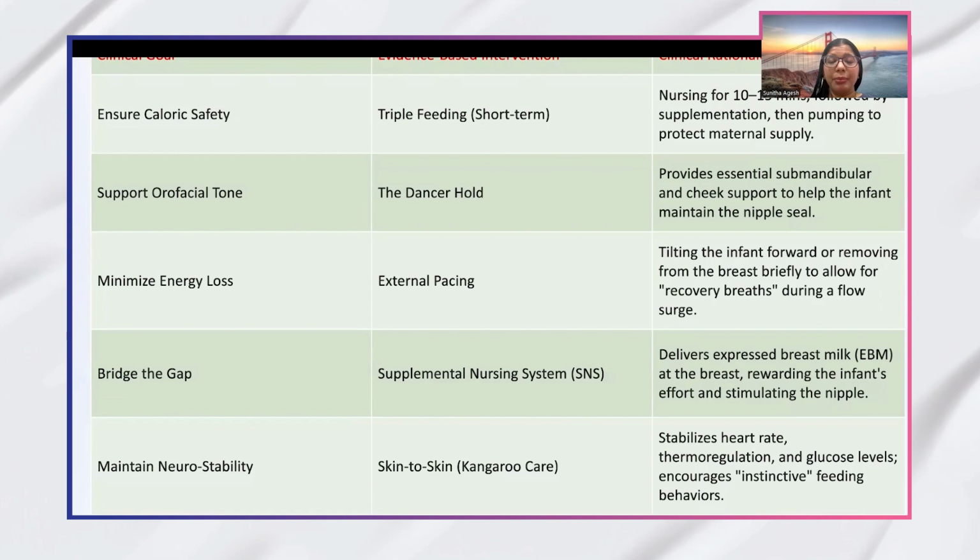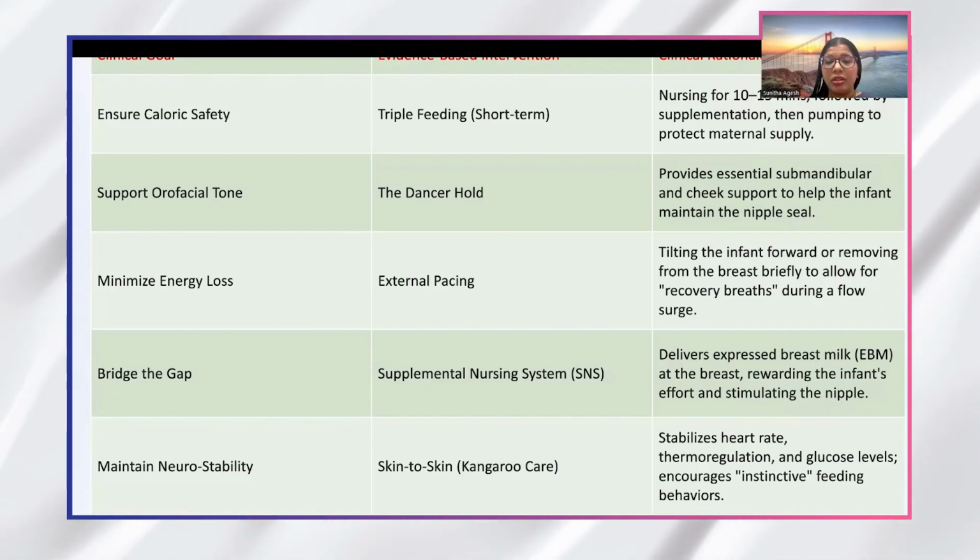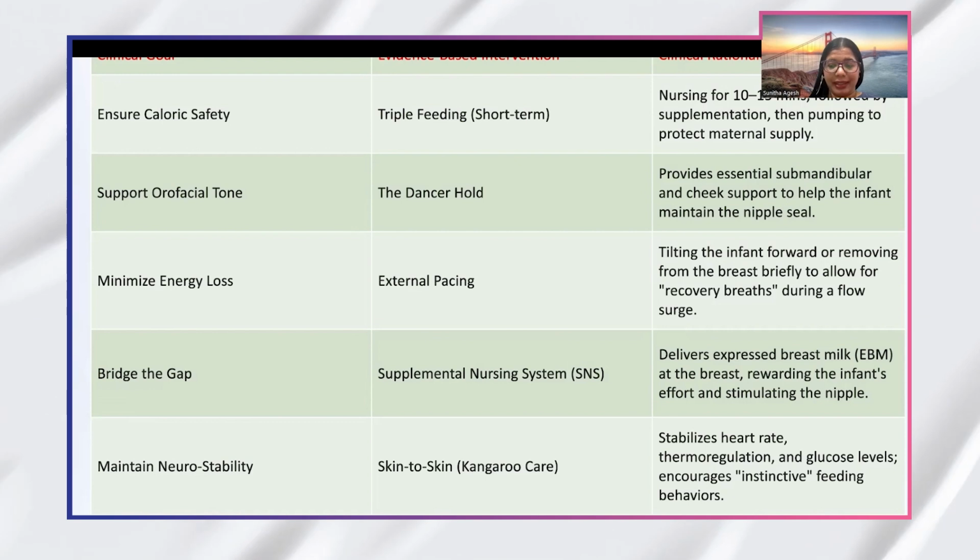Supplementary nursing system: when the baby is at the breast itself, we can give the EBM, even by NGT is fine. When the baby sucks and we are giving feeding, that acts as a reward for the baby. Then maintain neuro stability. If the baby is not well and not doing well at the breast, we can tell the mother to do kangaroo care. It will improve heart rate, thermoregulation and glucose levels, so it encourages instinctive feeding behaviors.